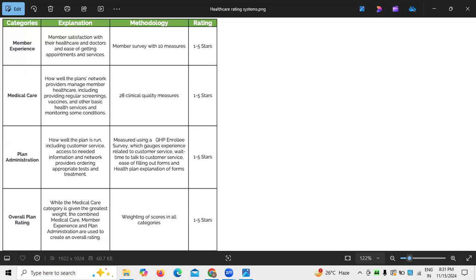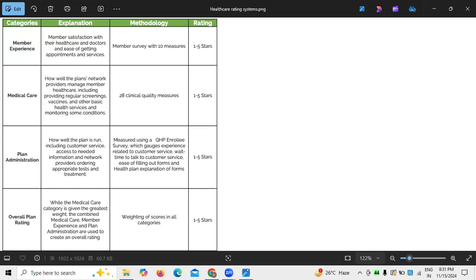Along with this, CMS, the Centers for Medicare and Medicaid Services, manages the Medicare and Medicaid programs. CMS administers all the ratings, like the 1 to 5 star ratings. All these rating programs are managed by it.